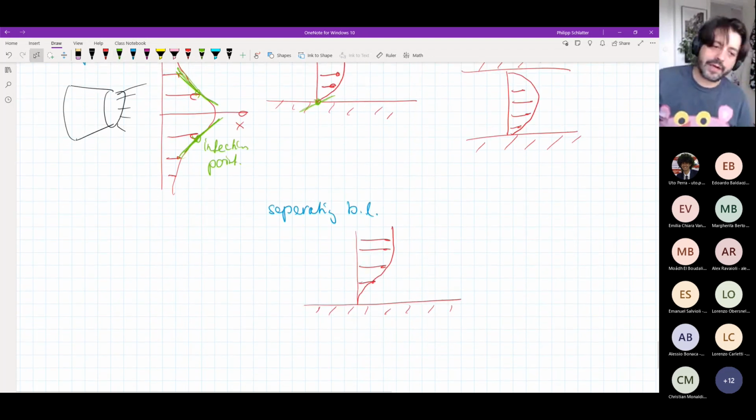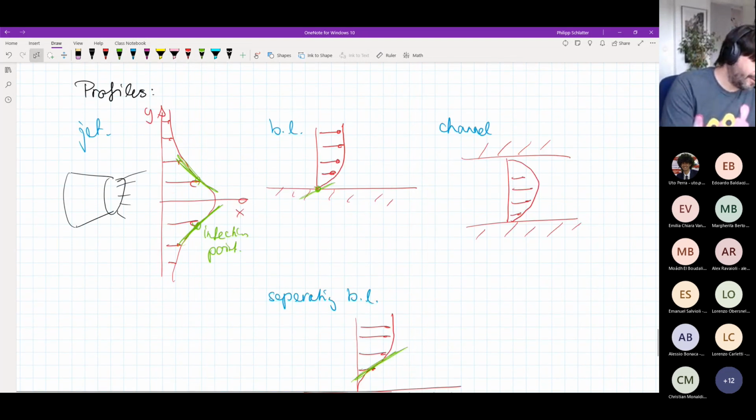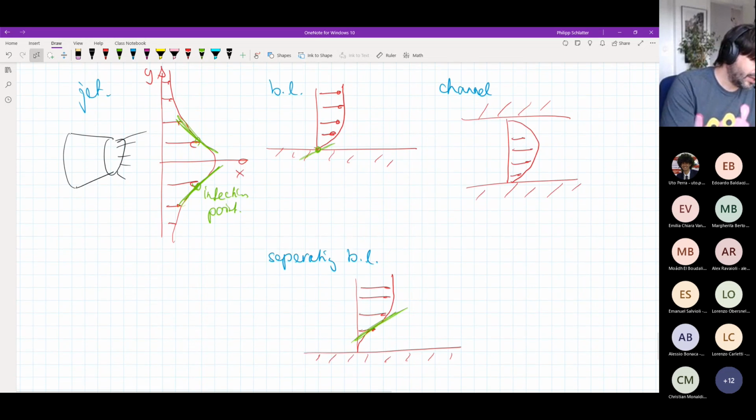In the separating boundary layer, as many of you said, you have an inflection point further away from the wall, which is very different from a normal boundary layer.